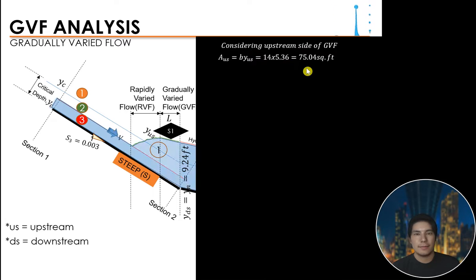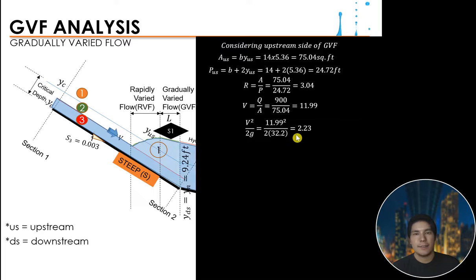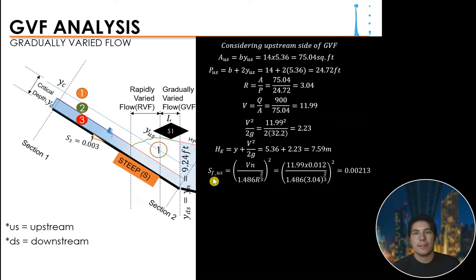So we have 75.04 square feet area. We compute the perimeter, 24.72 feet. Hydraulic radius, 3.04. Velocity, 11.99 feet per second. Velocity head, 2.23. Specific energy, 7.59. And now we have the friction slope on the upstream side, which is 0.00213.